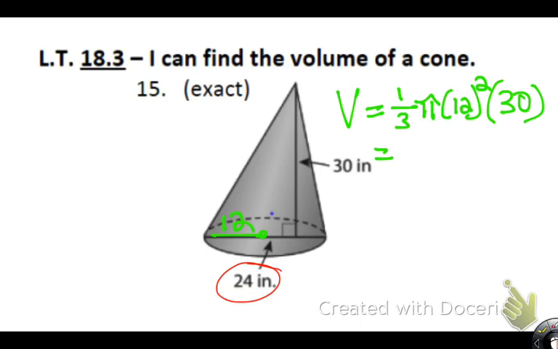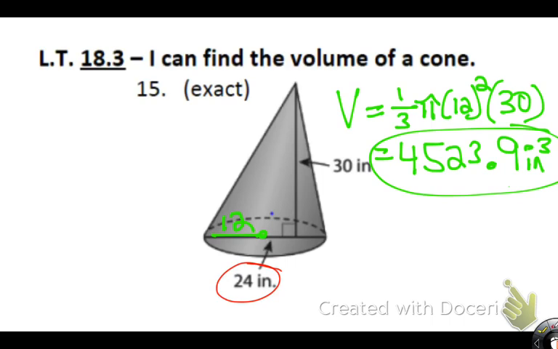So let's do that. We're going to do pi times 12 squared times 30, and then we're going to divide by 3. So that gives 4523.9, and that is cubic inches.